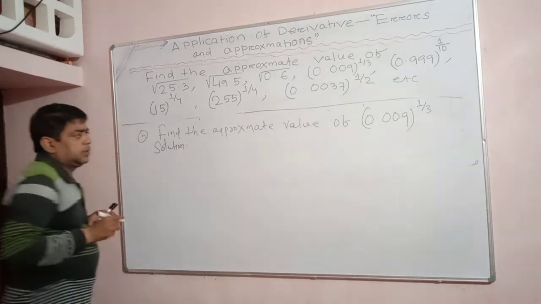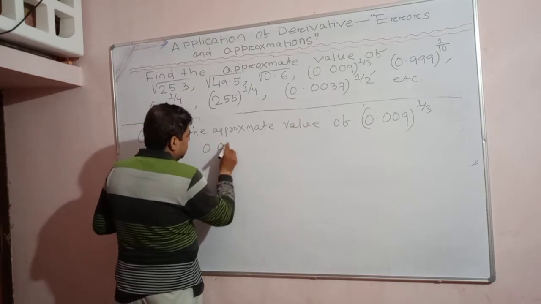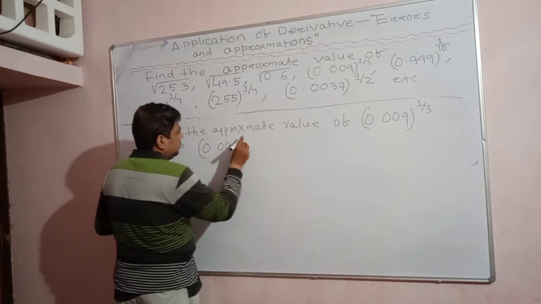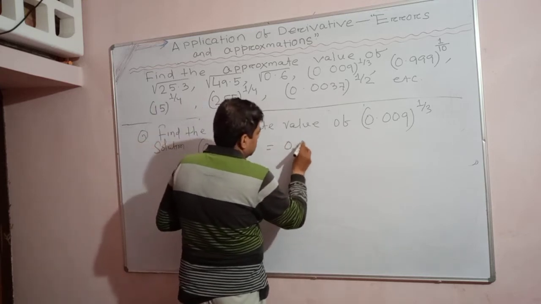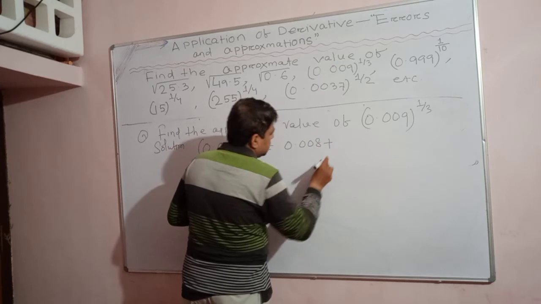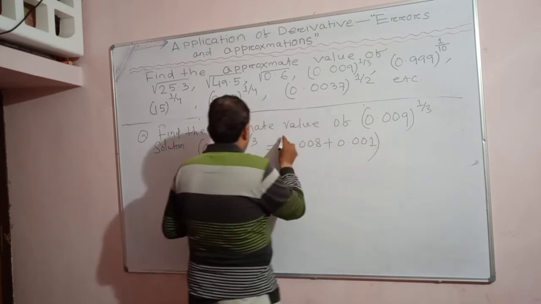Understand? Now you see, 0.009 whole to the power 1 by 3 can be written as 0.008 plus 0.001. Why am I doing this?